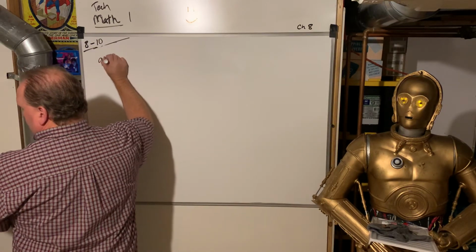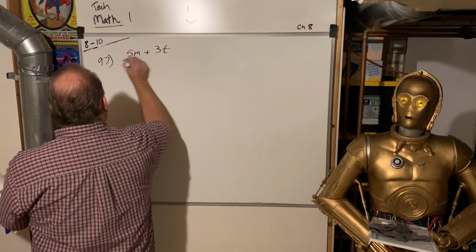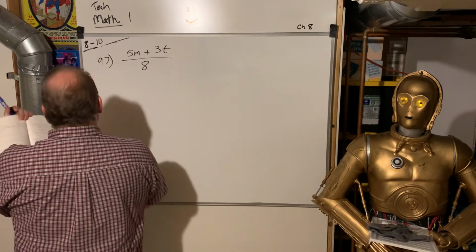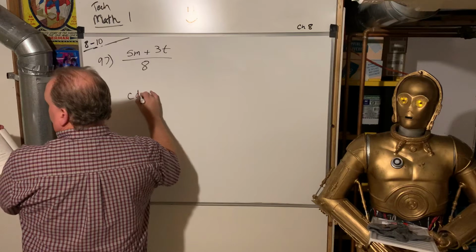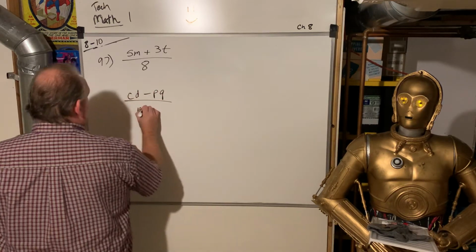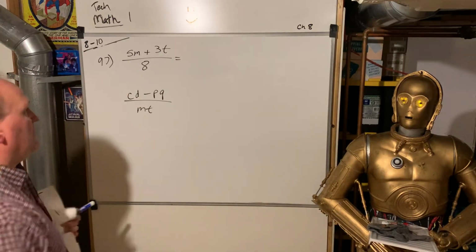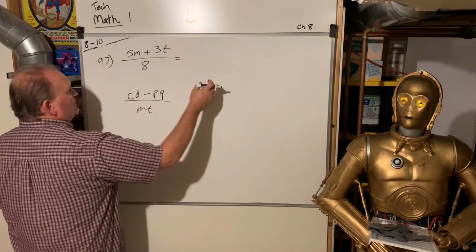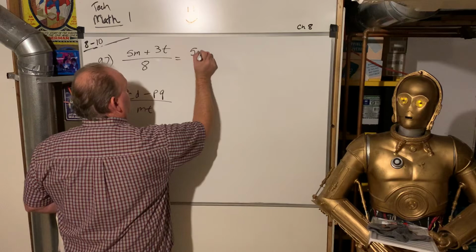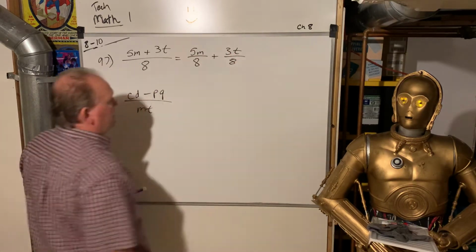So 10, number 97, they have 5m plus 3t over 8. And they have cd minus pq over mt. And this time, they want us to kind of split up the band. So just like how we had it, where you could write them individually or you could write them all under the same roof like this, we could split up the band here and write it like that.